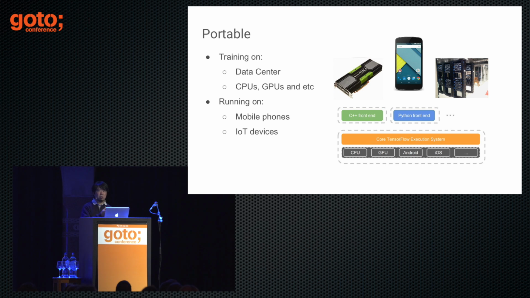Then you can easily copy those parameter sets onto smaller devices, mobile devices or IoT devices such as Android, iOS, or Raspberry Pi, so that those devices can do the prediction, like image recognition or voice recognition, without any internet connection. Everything could be implemented within the framework of TensorFlow.